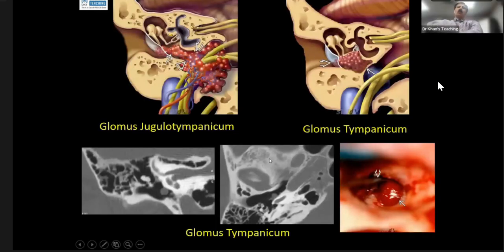Now, glomus tumor is a very, very important case in the exam. Now, please remember the location changes the name of the tumor.